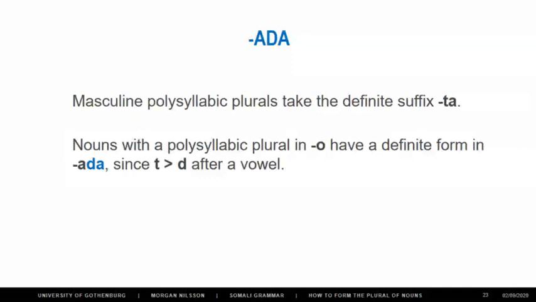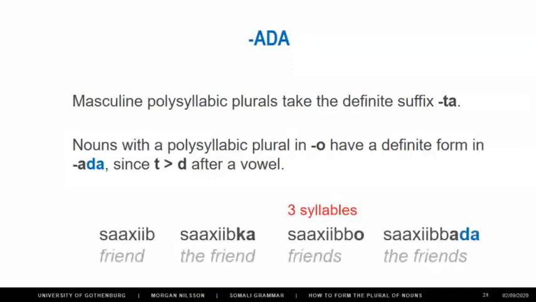And these nouns then take the suffix ta, but after a vowel, the t changes into a d, so the plural definite form will end in ada. And for example, sahib, sahibka, the friend, the plural sahibbo has three syllables, and therefore we have the definite plural sahibada.